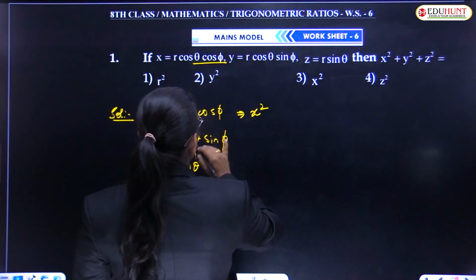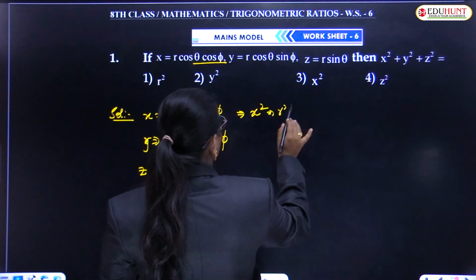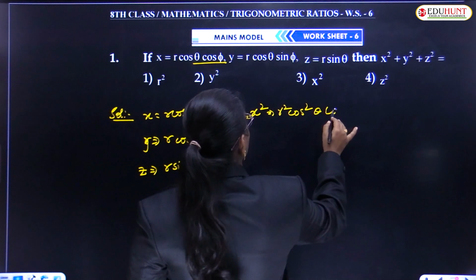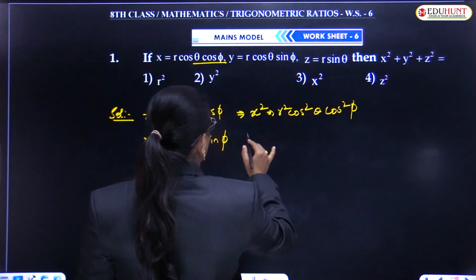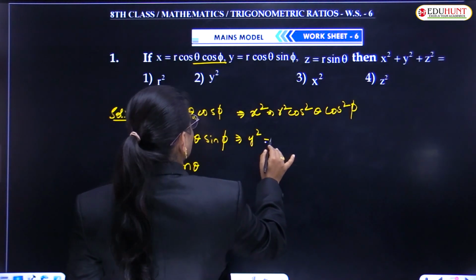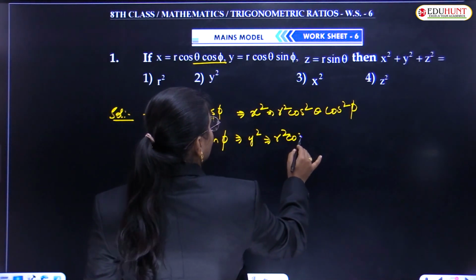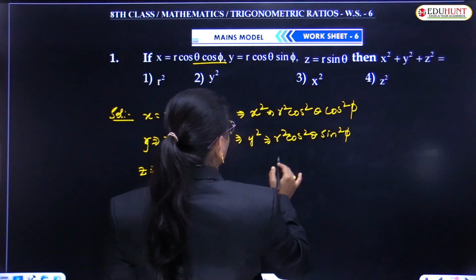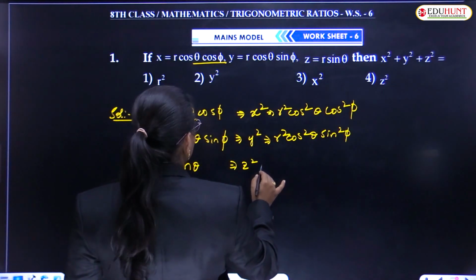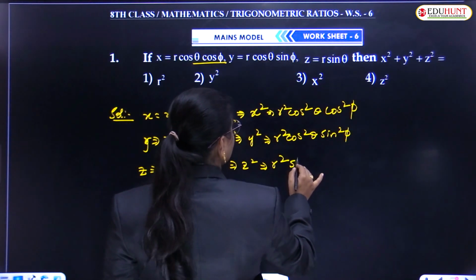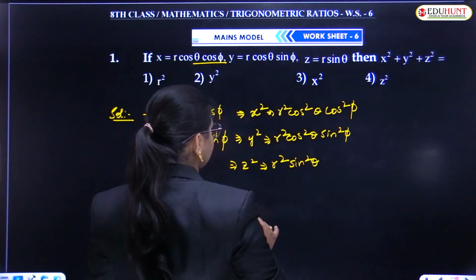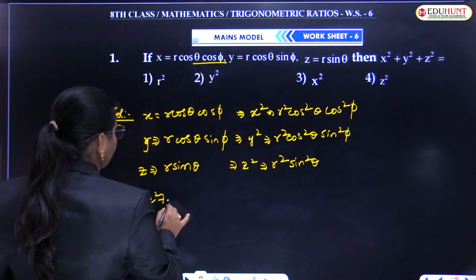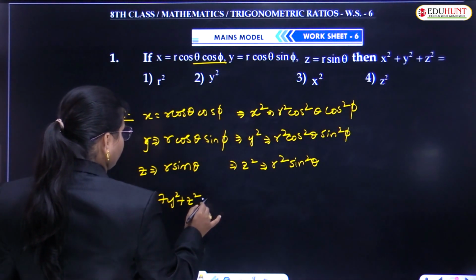Squaring on both sides, we get x square is equal to r square cos square theta cos square phi, y square is equal to r square cos square theta sin square phi, and z square is equal to r square sin square theta.